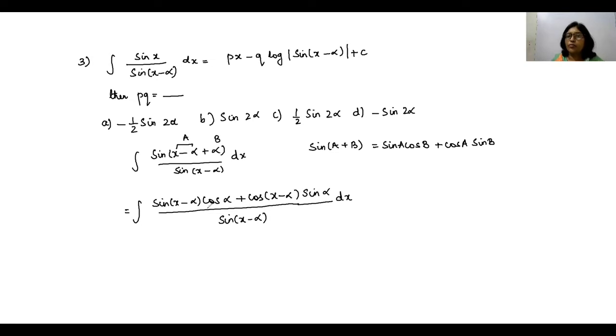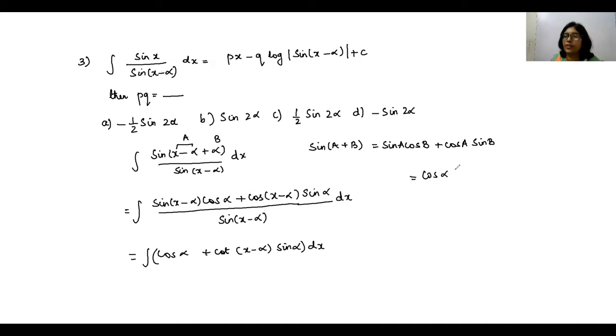After applying the formula, you get this, and now separate the terms. It becomes cos alpha, because sin of x minus alpha will get cancelled in the first term. The second term will become cot of x minus alpha into sin alpha. Remember, the variable is x, so alpha is constant.